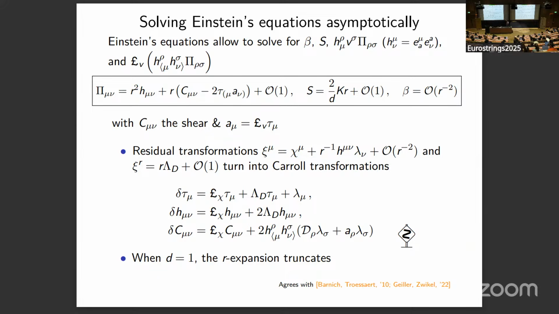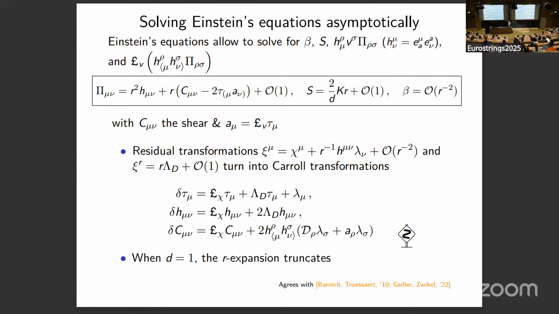The subleading boundary diffeos become Carroll boosts, parameterized by this lambda. And then these leading ones just become boundary diffeos, the parameter of boundary diffeos. And so these two we already saw, but this one, the shear, which of course is a very important object because, if you were considering scattering problems, that is the thing that captures graviton scattering.